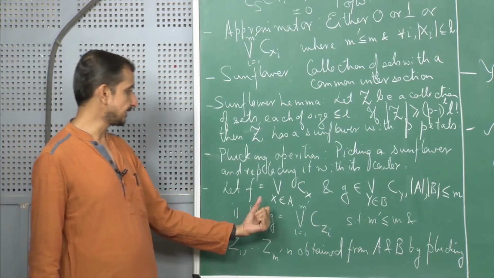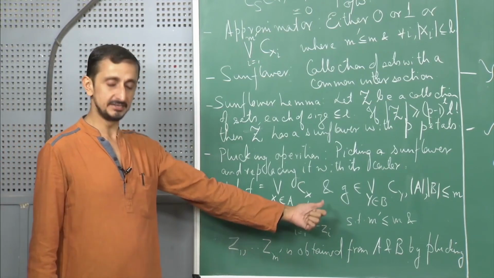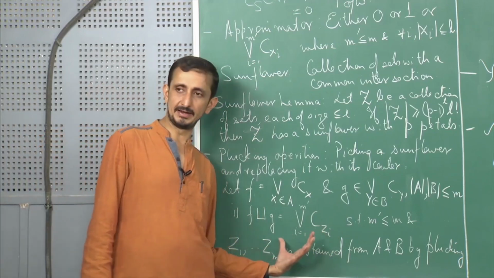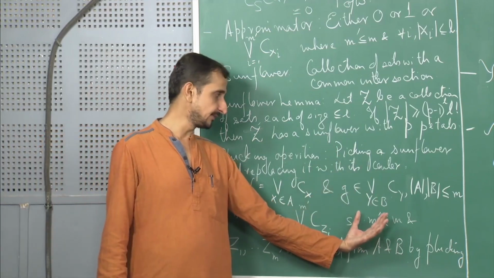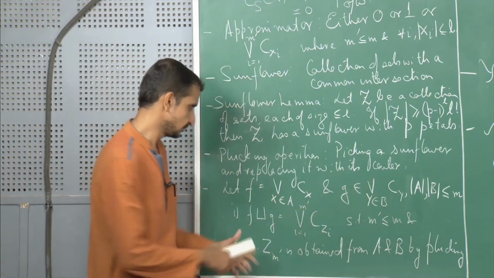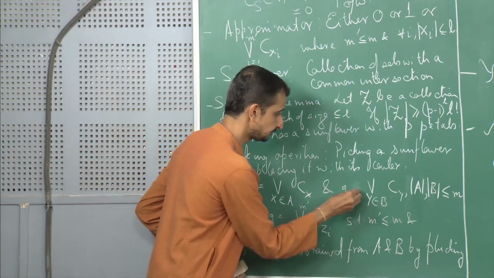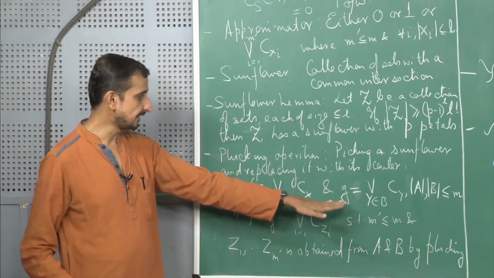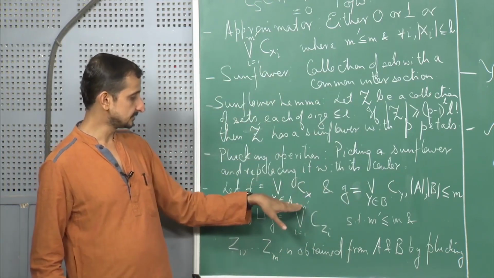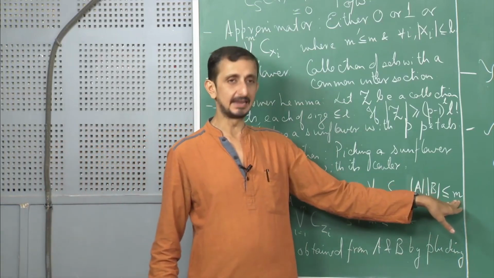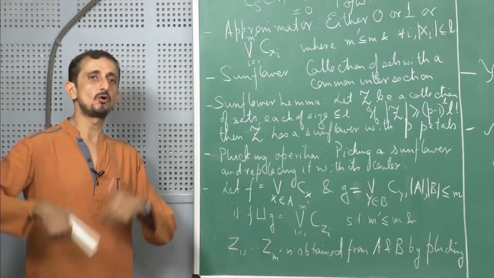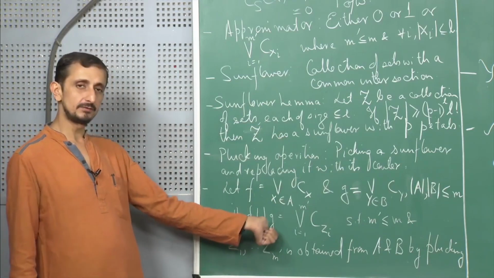Suppose I have two functions f and g, where f is already approximated by an OR of clique indicators, and g is also already approximated by an OR of clique indicators. Again, when I say approximated, it has to be approximated by at most m clique indicators. Then if I consider f OR g, this is the approximation for f OR g.